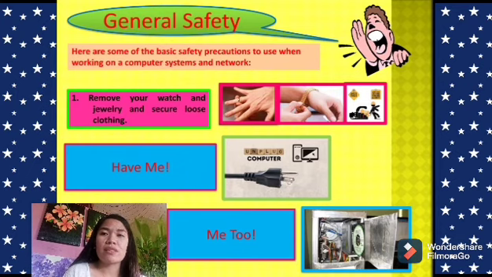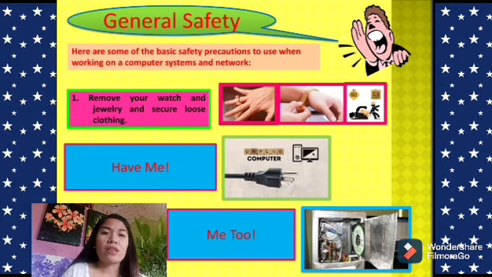Example, magnets. So when we wear accessories such as jewelries can attract to the magnet, thus might cut our fingers. And also, wearing loose clothing are prone to accidents that can catch on the edges of the equipment, resulting to the damage of the equipment and probably injure you.